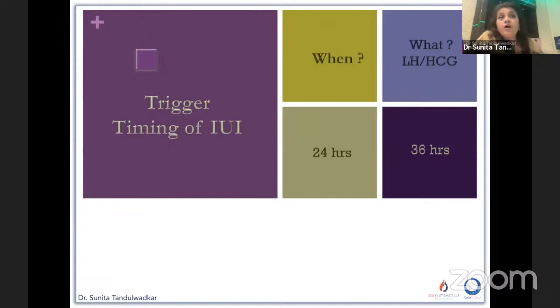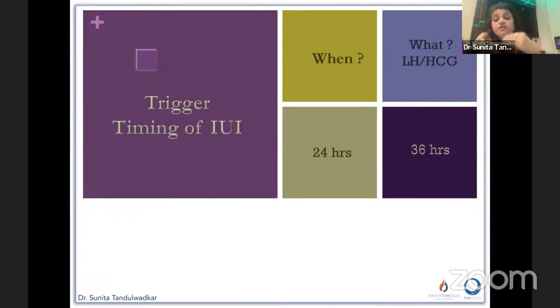Second, I am not stopping endogenous LH secretion because my patients are not downregulated. They are not on an antagonist or leuprolide agonist. So if I'm not giving an antagonist, the body's LH surge can happen anytime when the E2 value is crossing 200 picogram. Now, imagine you have 2 follicles and the E2 value is 500.